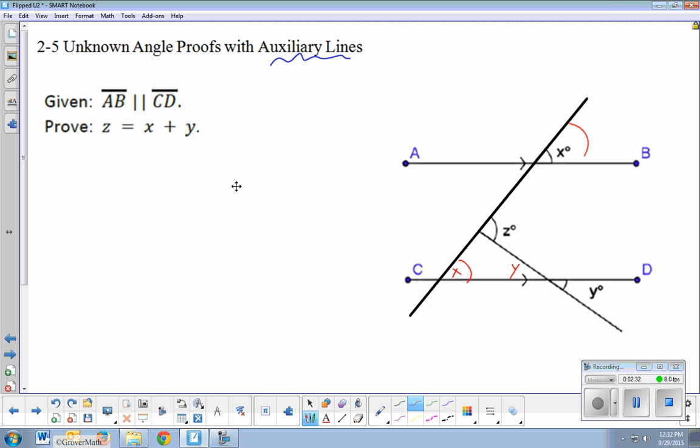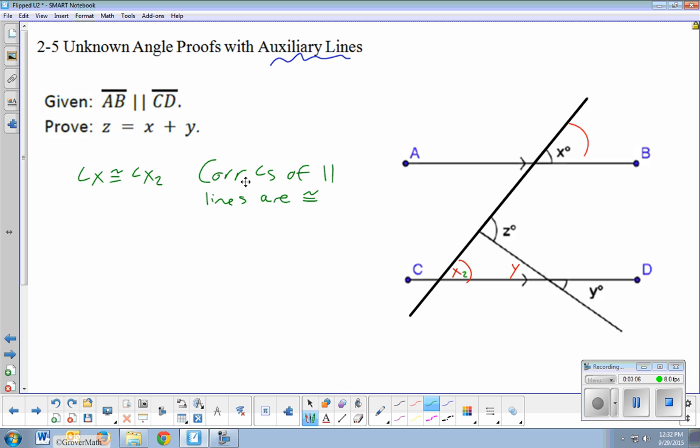All right, so let me write this proof out now. I kind of explained my strategy. Let me call this x2. All right, this way I could say that angle x is congruent to angle x2 because corresponding angles of parallel lines are congruent.